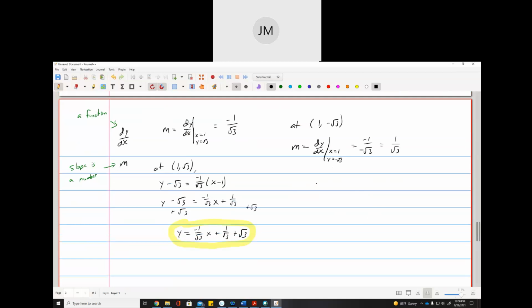So then my equation of the tangent line is y minus negative root 3 equals 1 over root 3 times x minus 1. And we do our little bit of simplifying, but not too much. Okay. So those are the two tangent lines on the circle when x is 1.